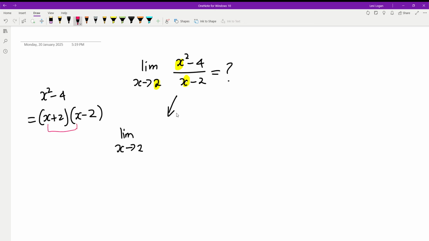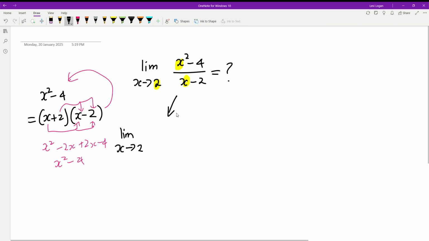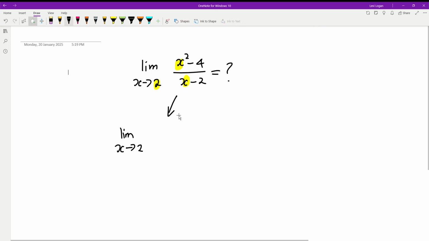Because if you were to expand this, it would give you the following: x times x is x squared, x times negative 2 is negative 2x, same here, positive 2x, and then minus 4, and that gives you x squared minus 4. So this can be factorized into x plus 2 and x minus 2.